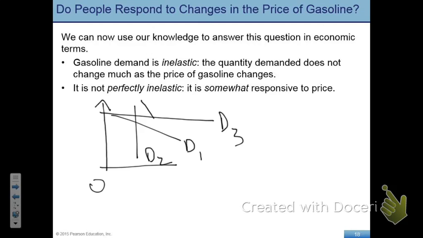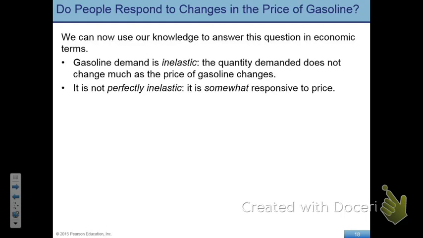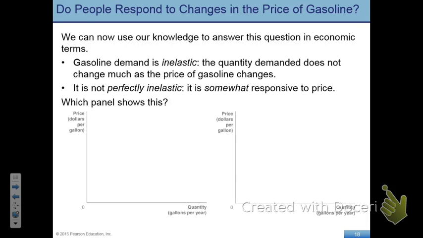If I had another graph which looks like that, let's call it D4. One could argue that D4 is probably a better representation of the demand for gasoline because it is more inelastic. So we can say that the demand curve for certain products is going to be more elastic than others, and the demand curve for some products is going to be less elastic than others.